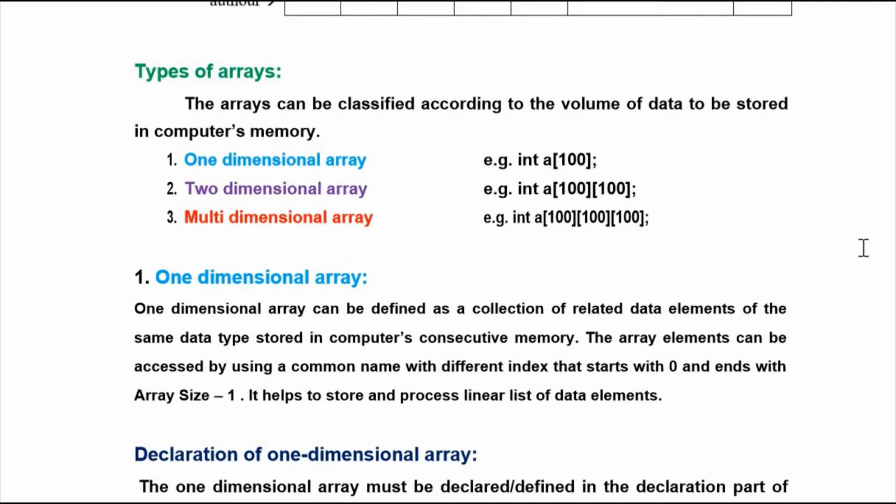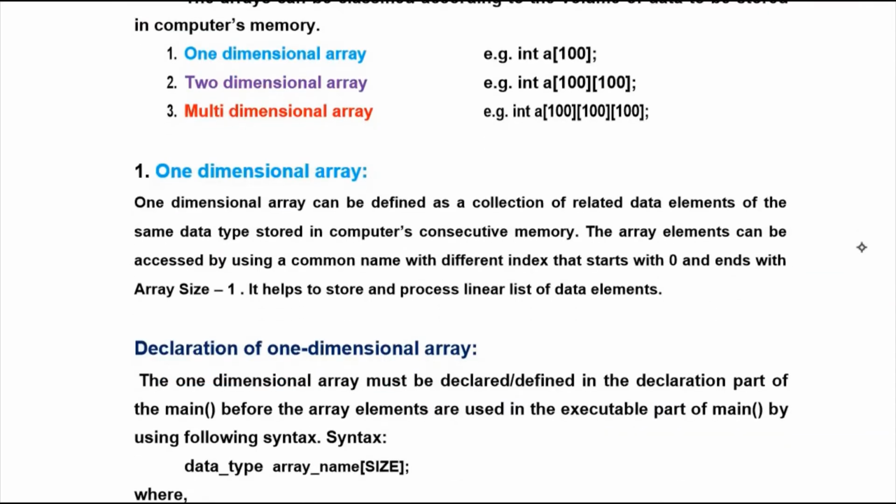For example, a one-dimensional array is indicated by int a in square brackets, simply the size of the array. If it is a two-dimensional array, then I have to indicate two square brackets, inside which I give the size, that is the length and the width. Similarly, a multi-dimensional array will have more than two square brackets while defining the array.